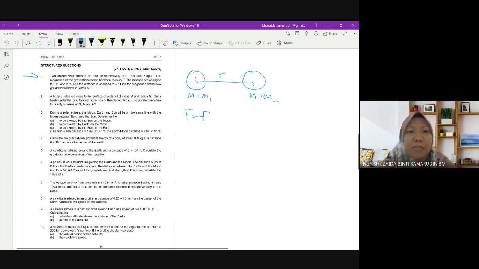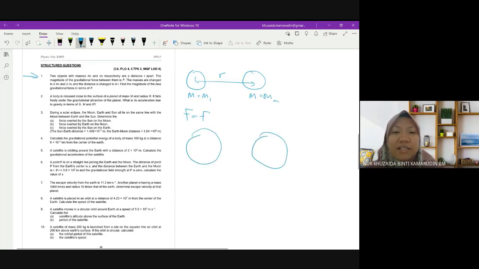Then the masses are changed to 2m1 and 2m2 and the distance is changed to 4r. Find the magnitude of the new gravitational force in terms of F. So sekarang kita ada mass yang baru, which is 2m1 and 2m2, and the distance between those two masses is 4r.